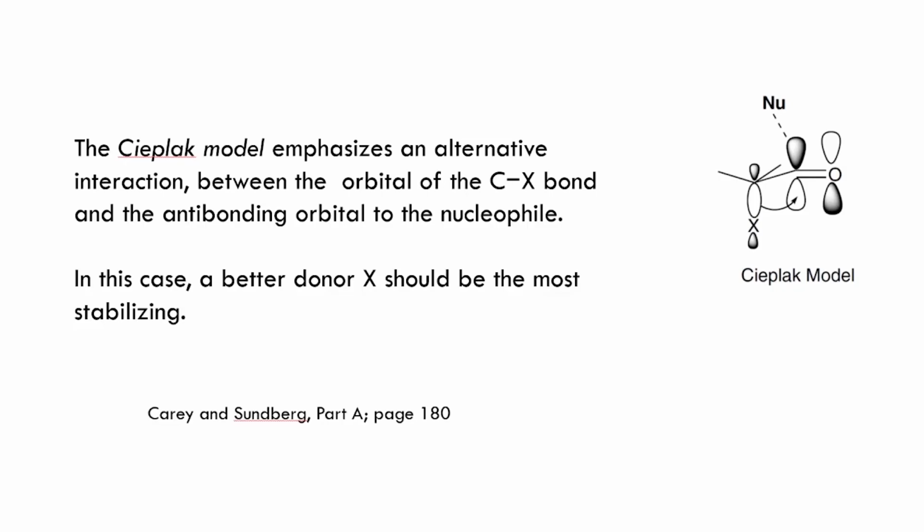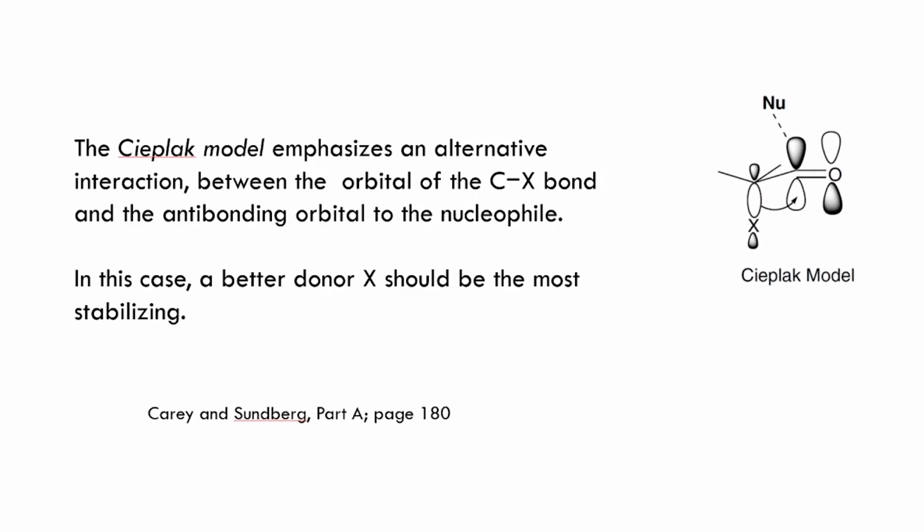So the polar Felkin-Anh model emphasizes an alternative interaction between the orbital of the CX bond and the antibonding orbital to the nucleophile. Okay, so in this case, what happens is that the interaction between the CX bond and carbonyl group here produces the most reactive conformation, and the better the donor, the more electronegative X is, the better this interaction is, and the more reactive that particular conformation is.